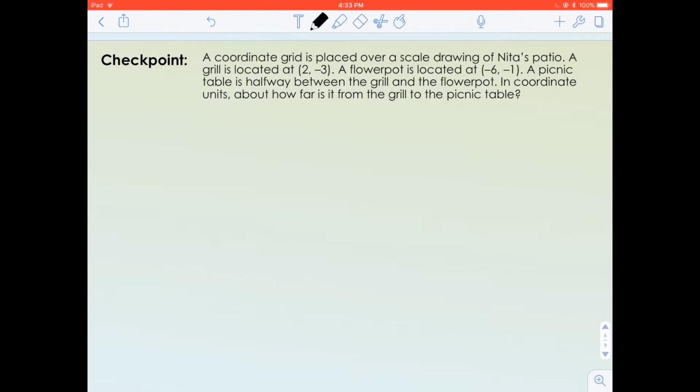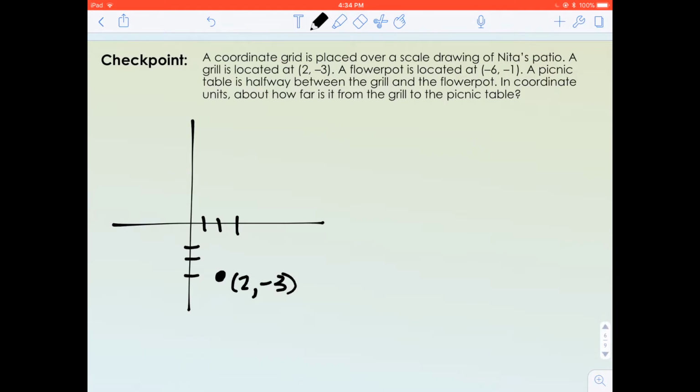All right, so a coordinate grid is placed over a scale drawing of Nita's patio. A grill is located at 2, -3. So I'm immediately going to start drawing that. It's at 1, 2, -3. So that's 2, -3 is the grill.